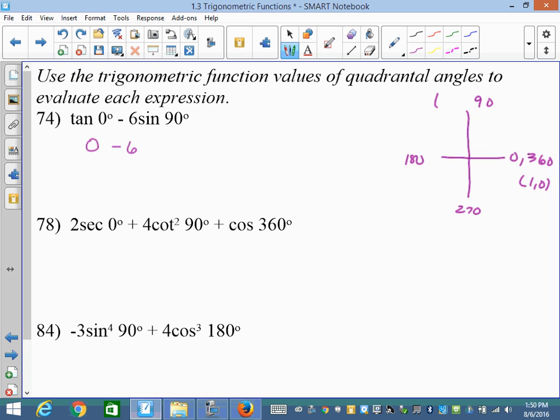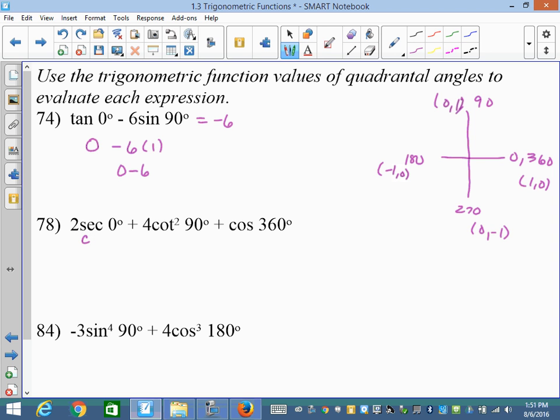This point is (0, 1). The R value you don't have to worry about. This one here is (-1, 0), and this one is (0, -1). At 90, the sine value, which is y, is 1. So I have 0 minus 6, or -6.